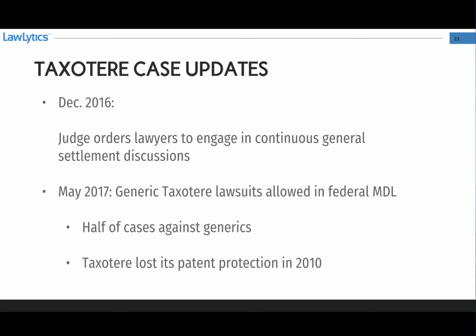Here are a couple of case updates that are worthwhile noticing, chiefly among which that the judge, back in December 2016, ordered the attorneys to engage in continuous general settlement discussions on a regular basis, as opposed to a detailed discovery and trial preparation.